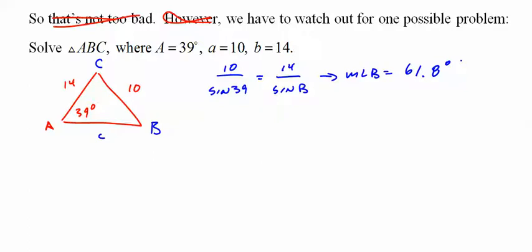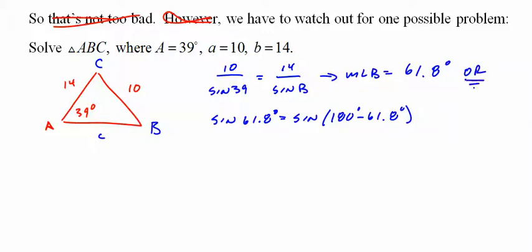You have to check to see if you can get two different angles. Remember, sine of 61.8 is equal to sine of 180 minus 61.8. So you don't know which one it is. Could be either one. So we get 61.8 or 118.2 degrees.